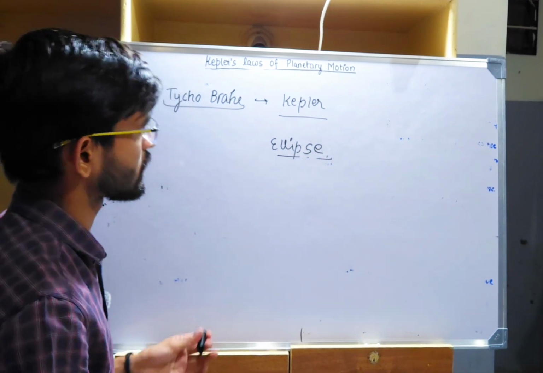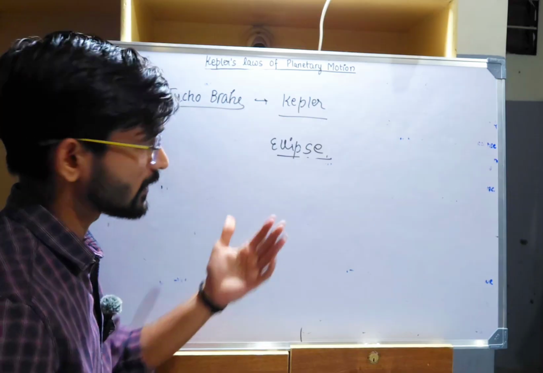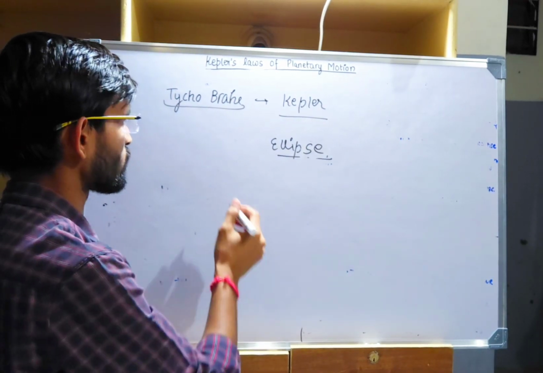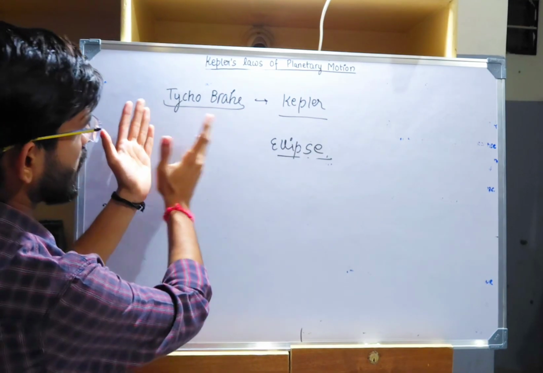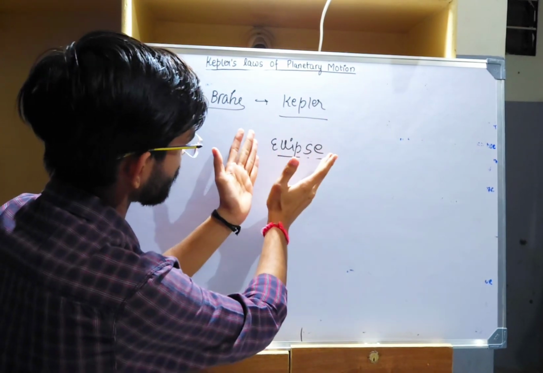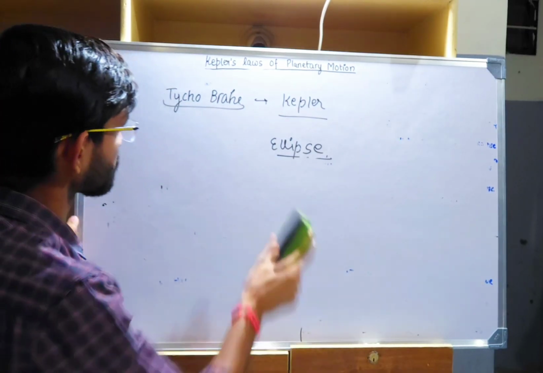Then he concluded that planets orbit around the sun in an elliptical path, and this is the first law of Kepler. From the data taken by Tycho Brahe, Kepler confirmed that planets revolve around the sun in an elliptical path.